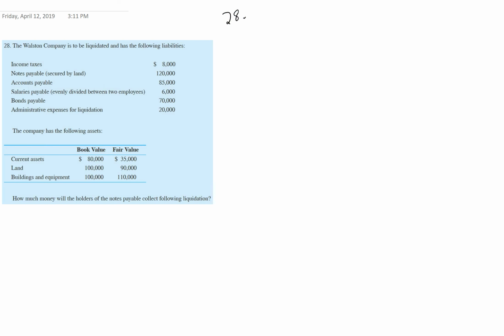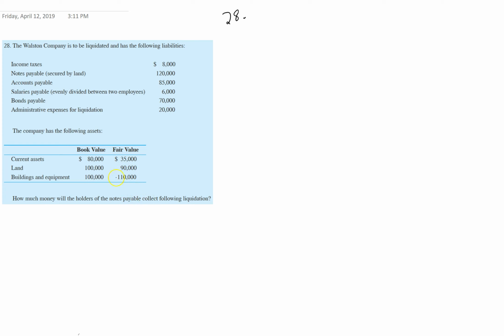First, let's see what are the free assets. When you look at this liability list, you will see that you have one liability, notes payable. It is secured by land. Of course we'll focus only on the fair values, because book doesn't matter here. When we sell the assets, we are expecting to receive as per the fair values.